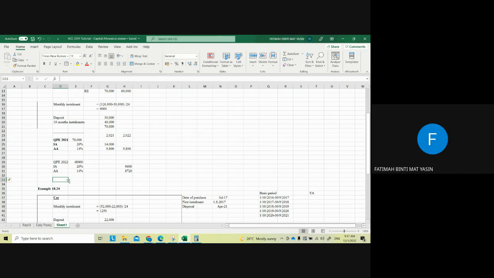Then in 2023, because the company still paid the installment, they can still claim the initial allowance for 2023, even though just 2 months. The QPE is low, which is 4,000 multiplied by 2, only 8,000. So the IA is also low.